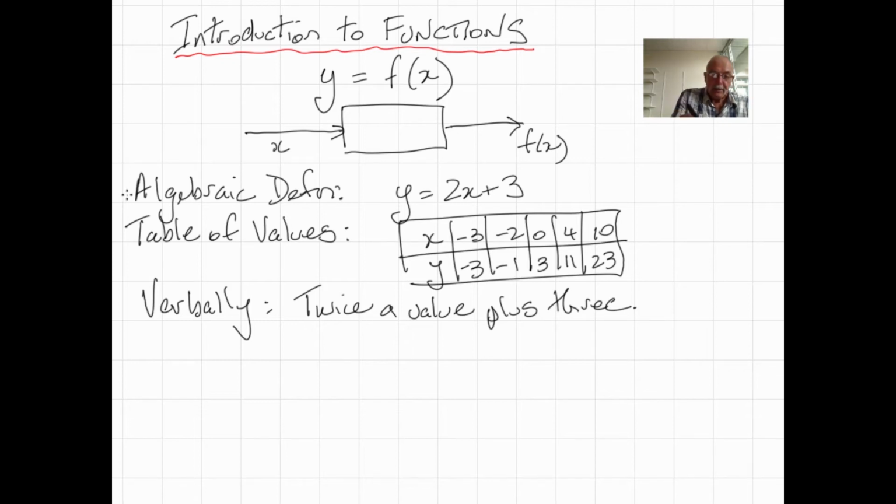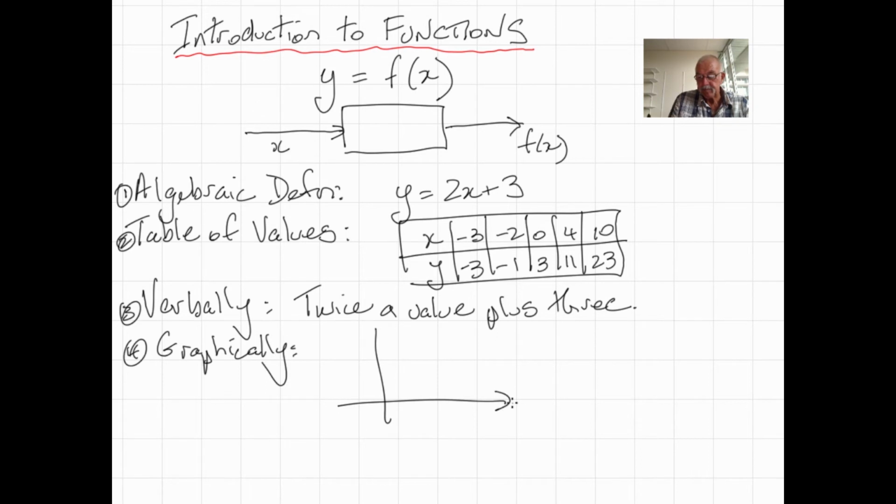So we've got 1, 2, 3 ways. The fourth most common way is graphically, and that's just using the Cartesian plane. We would have an x and a y axis. y equals 2x plus 3.